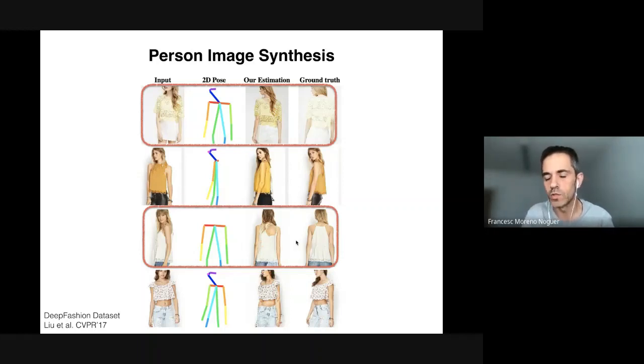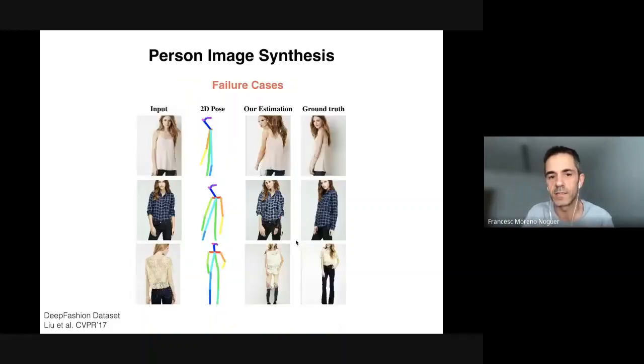But using this kind of low supervision also creates some artifacts. Not everything is as nice as it would seem here, and it has, of course, some failure cases that there is still room for improvement.